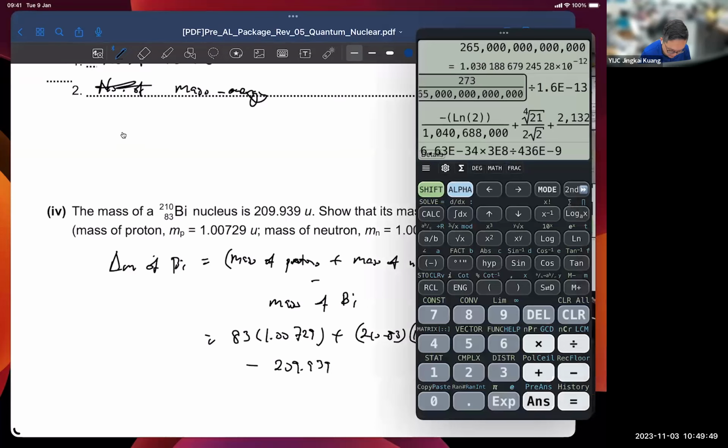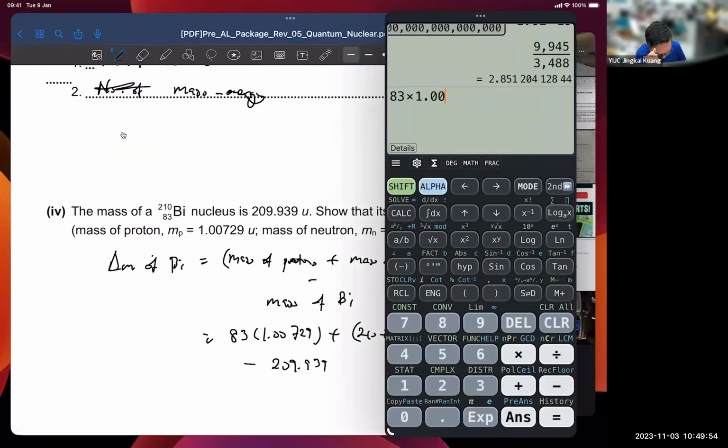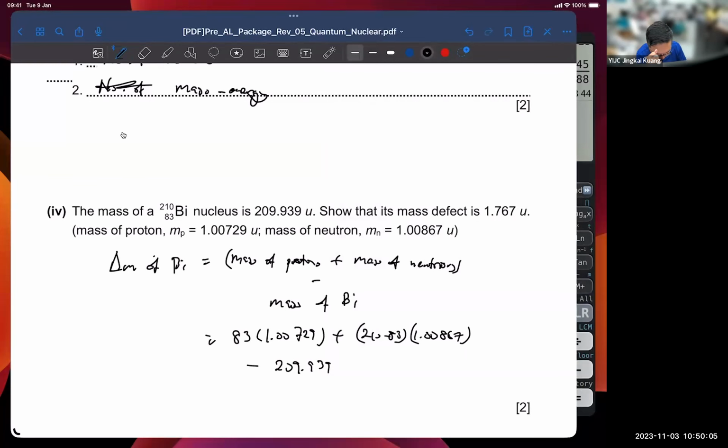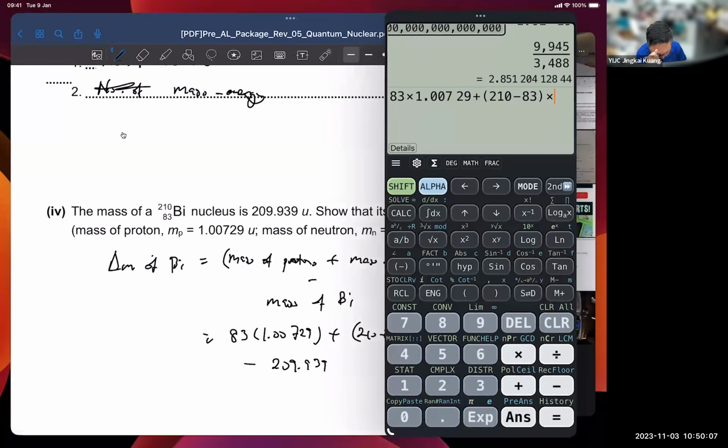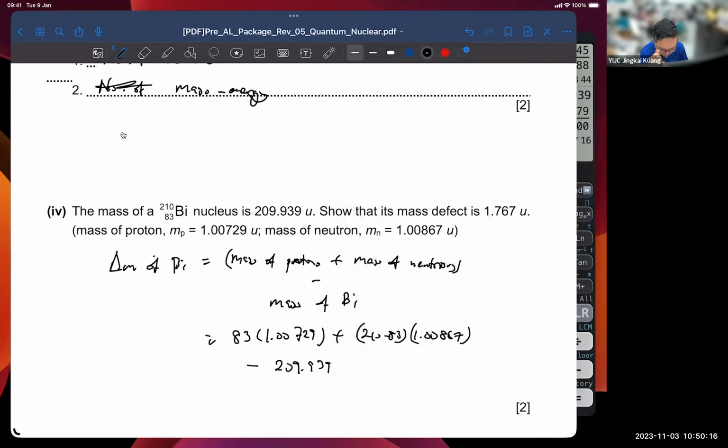Okay, so let's enter this in. 83 times 1.00729 plus 210 minus 83 times 1.00867 minus 209.939. 1.767. Okay, so this is fine. 2 marks, fine, nice.